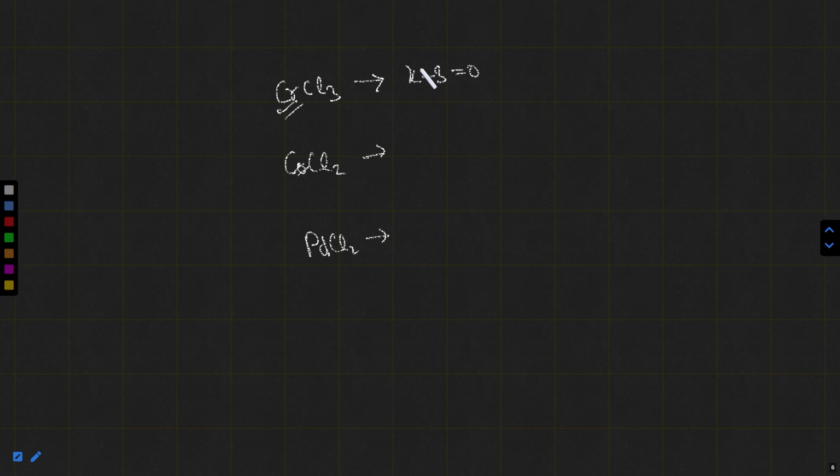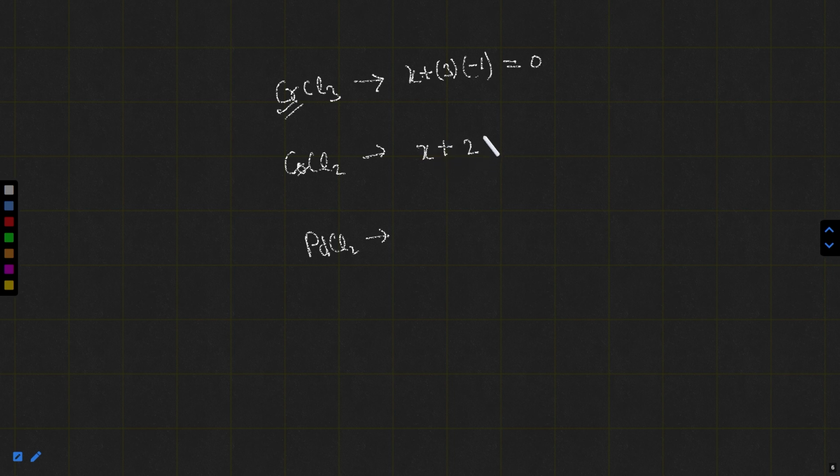So x is the oxidation number of chromium, and we are taking the oxidation number of chlorine as -1. Therefore, we can write it this way: x + 3 multiplied by -1 is overall equal to 0. Next, we have CoCl2.